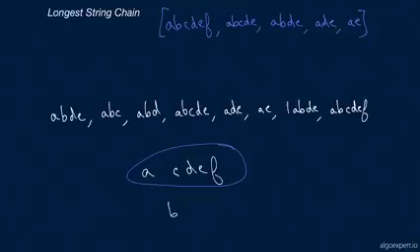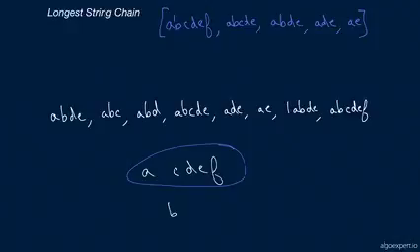Well, then you would try removing every single letter from this string. You would try removing A, and you would only have CDEF left. Or you would try removing C, and you would have ADEF left. And you would keep doing that, and you can imagine that if you have to do this for every single string in the array, and then redo the same sort of logic for every other string in the array, you're going to end up with a monster algorithm as far as time complexity is concerned.